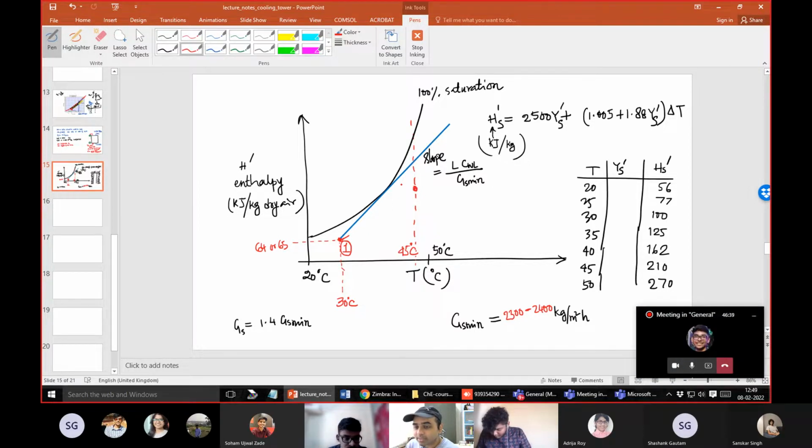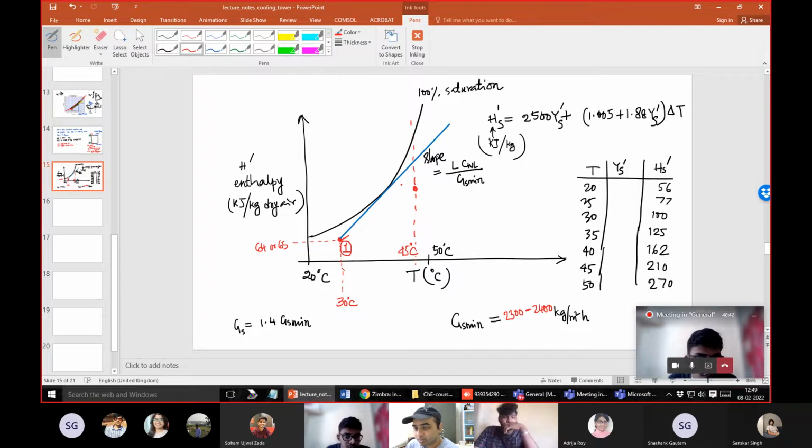I think the location of point 1 is also very vital, where you are locating your point 1. If somebody is getting a different value of the enthalpy for point 1, then your starting location will be different, and accordingly the slopes will be different. This is only what I can think of off the top of my head.